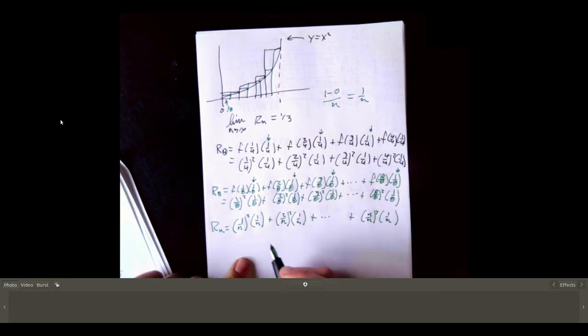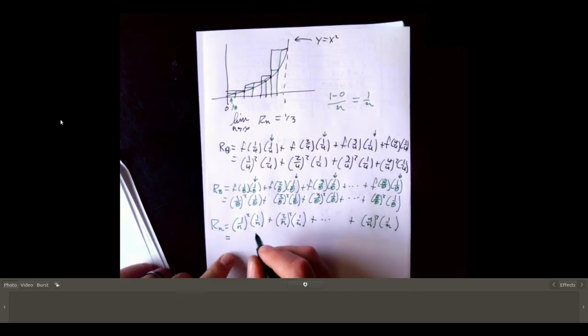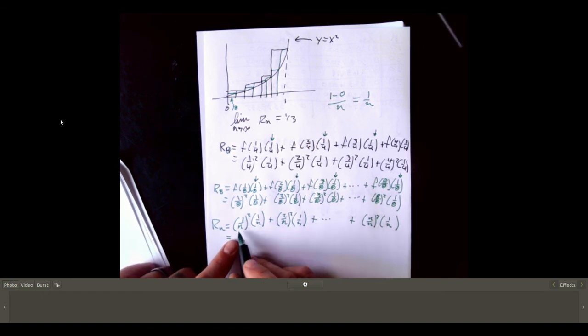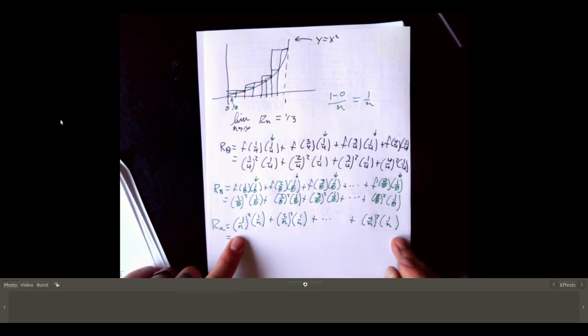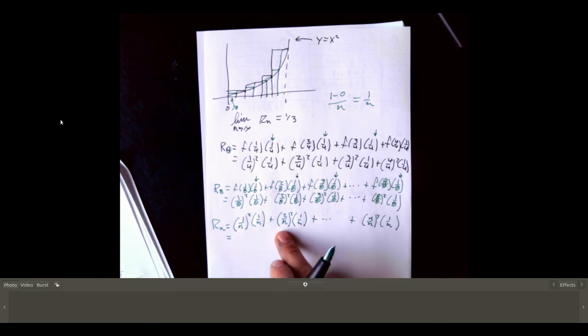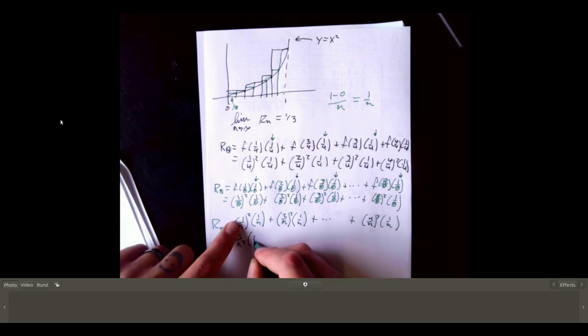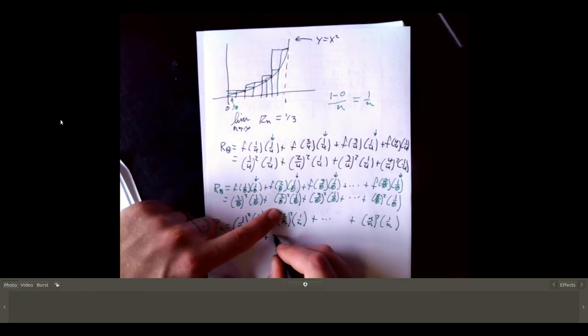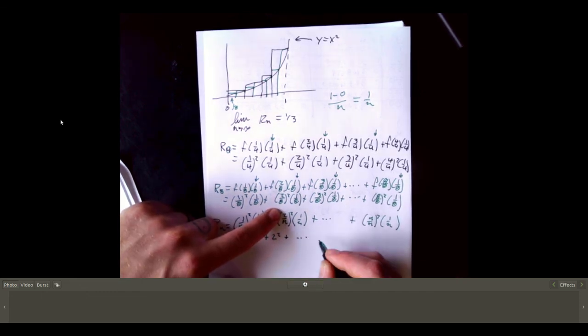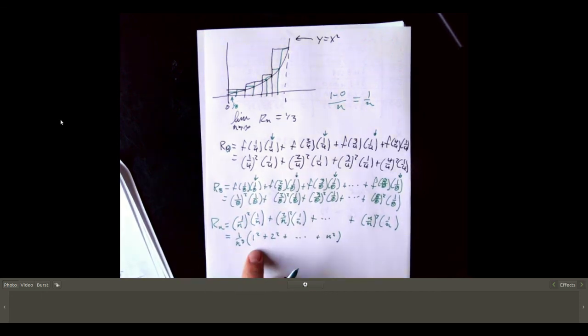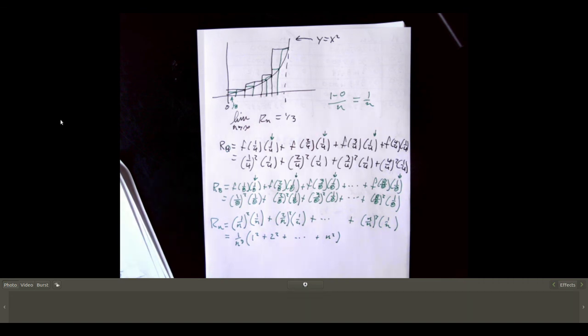Well, let's simplify this a little bit. I've got an n times an n, so all of these terms have an n cubed in the denominator. So I'm going to pull out a 1 over n cubed. What's left is 1 squared plus 2 squared plus up to n squared. This is something I recognize, but I've yet to etch it into my mind.